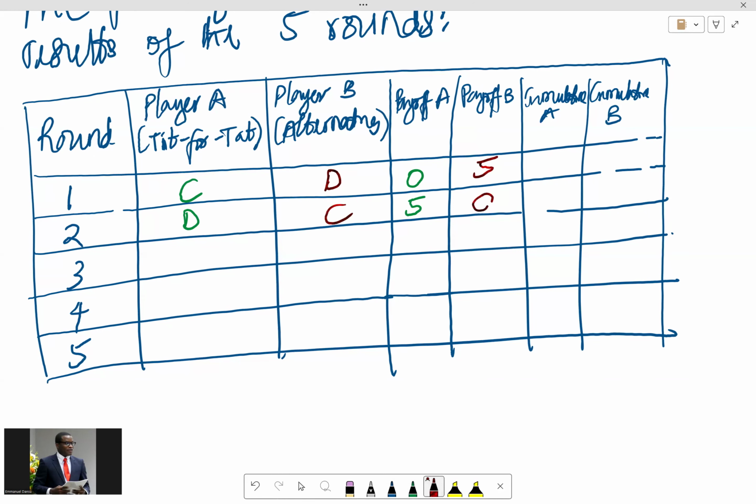Then of course we can just run it down like that. Player B is going to keep alternating.